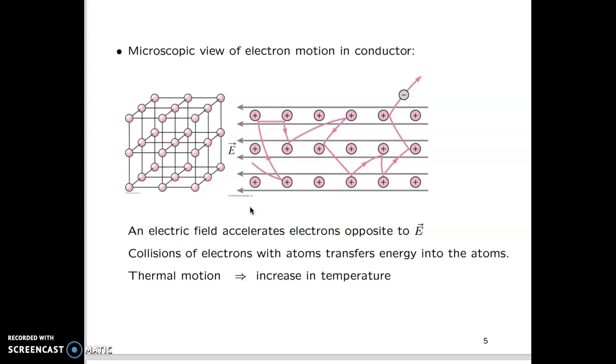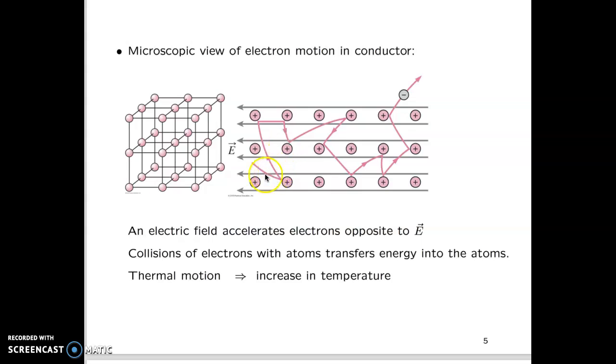Now, all that says is that the electrons will accelerate in the direction against the electric field. But they don't necessarily move in that direction. What happens is they tend to move along this kind of random trajectory, and what all these sharp points in the trajectory represent are collisions of the conduction electrons with the immobile, positively charged ionic atoms.